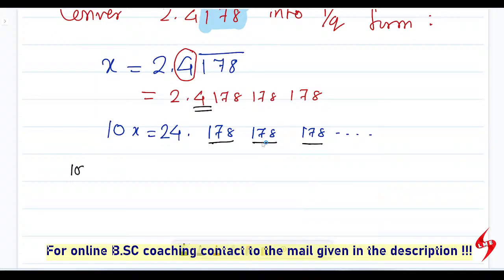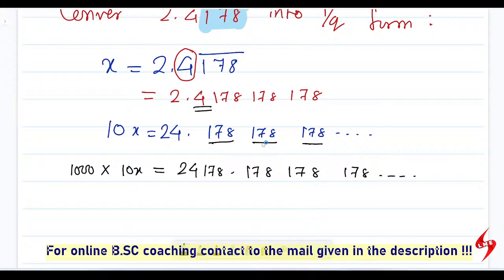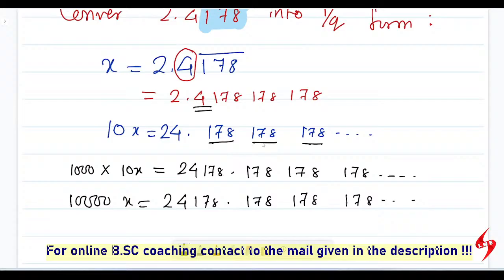So I am multiplying 1000 with 10x. 24178.178, 178, 178. So that will be my 10,000x. Then you have to do subtraction between them, one is this, another is this.